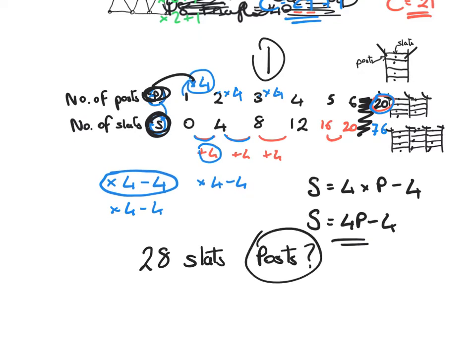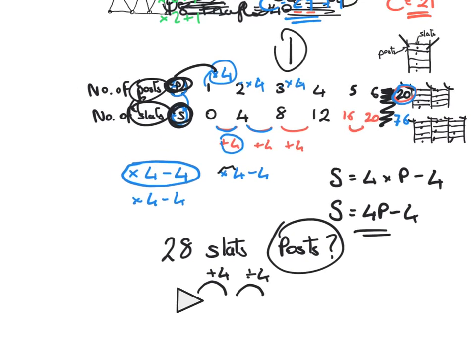So instead of having the number of posts and then working out the number of slats, I'm given the number of slats and need to work out the number of posts. So rather than times 4 take away 4, the rule is now going to be to work backwards and add 4 and then divide by 4. Okay, so the rule to get from posts to slats is times 4 take away 4, but the opposite of that rule would be to work backwards and to add 4 and then divide by 4.